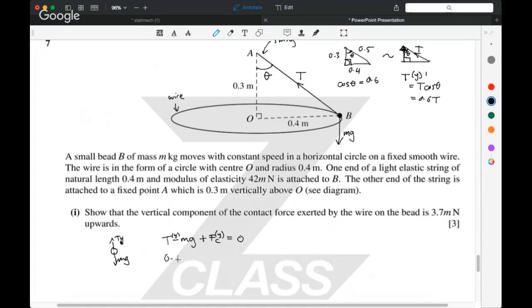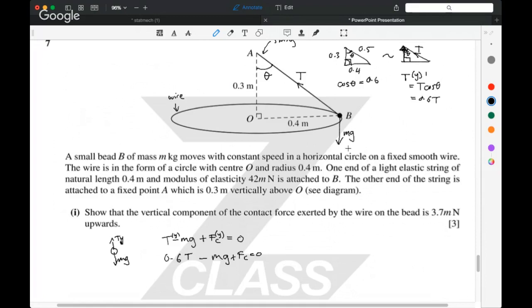So we have 0.6T minus mg plus Fc is equal to 0. And now all we need to know is T.